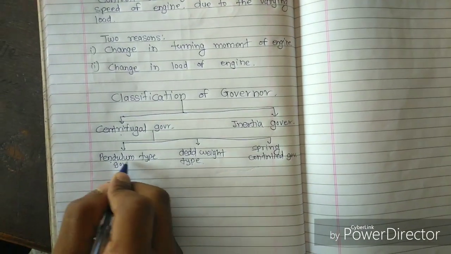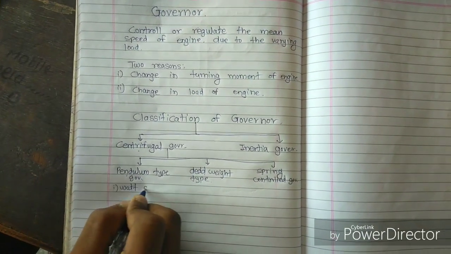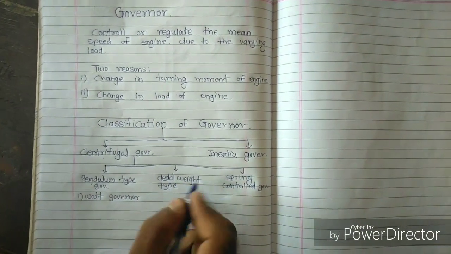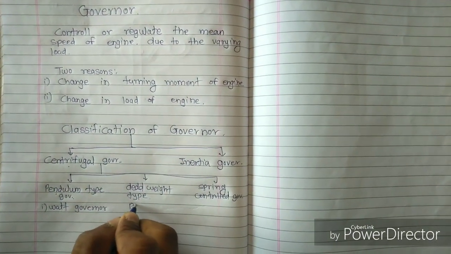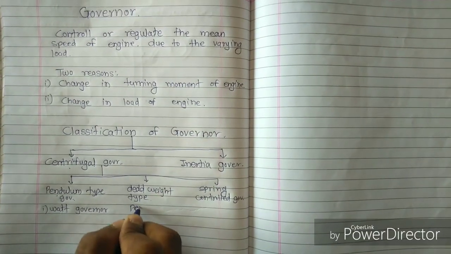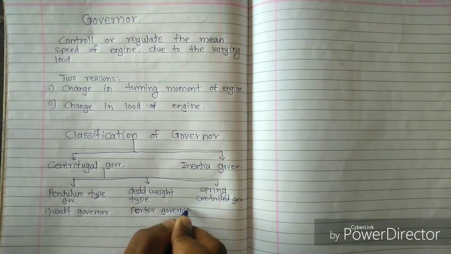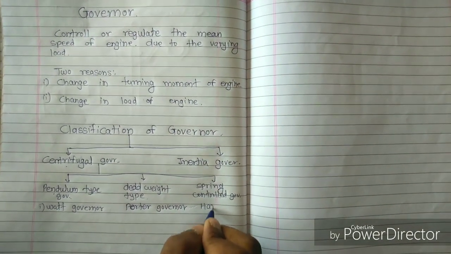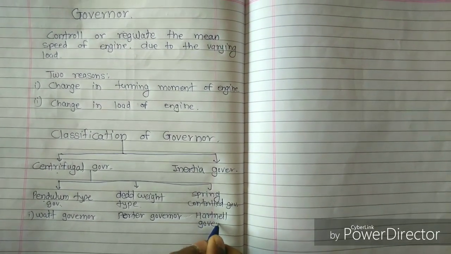The example of pendulum type governor is watt governor. An example of dead weight type governor is porter governor, and the example of spring control governor is Hartnell governor.